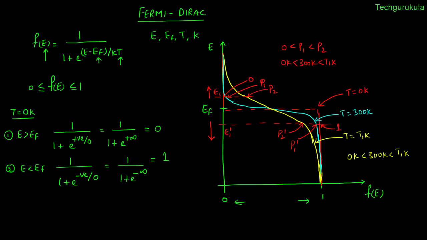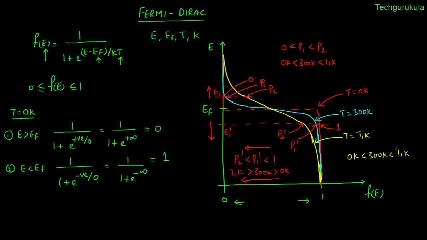The relationship is P2 prime less than P1 prime less than 1, in the order of T1 Kelvin greater than 300 Kelvin greater than 0 Kelvin. Here we can say that as temperature increases, the probability of finding an electron decreases.